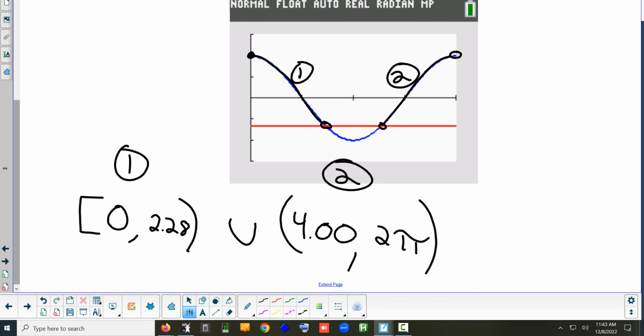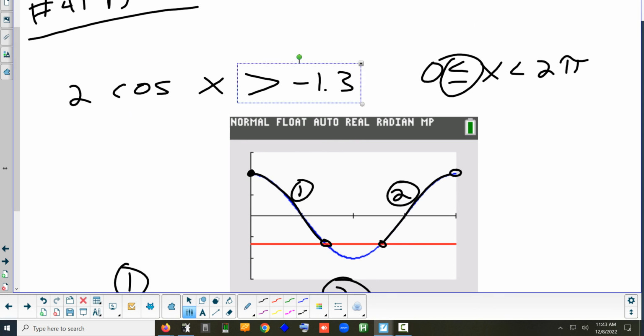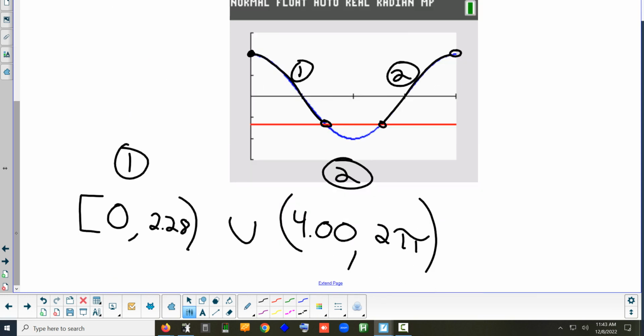Now, what if the inequality was flipped? What if it said, where is the graph below negative 1.3? Where would that happen? That would be between 2.28 and 4.0. 2.28 and 4.00 is where it's below. Why is the 2 pi an open circle again?